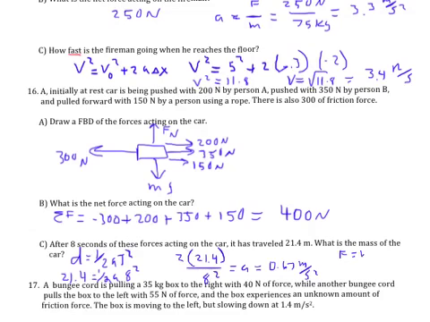F equals ma. The net force is 400 newtons, the acceleration is 0.67, and when I solve for the mass, what I'll find is that the mass equals 597 kilograms, which is a very reasonable amount for a car to have, I suppose.